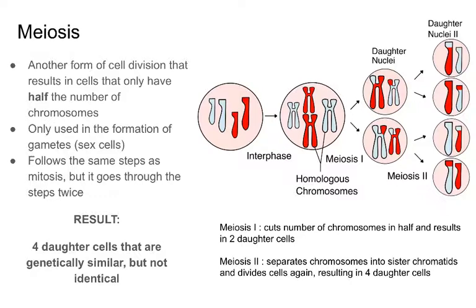What I want to bring to your attention, though, is I want you to notice what's happening to the overall number or amount of genetic material in all of the daughter cells. At the end, we start off with something in meiosis and we finish with something different. And that is a really big differentiator between meiosis and mitosis.